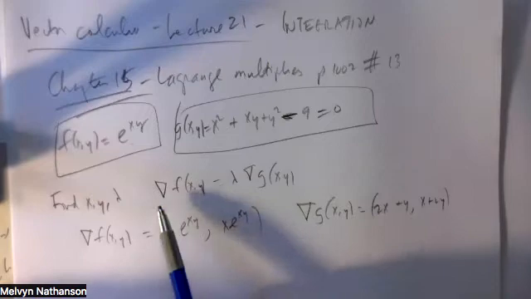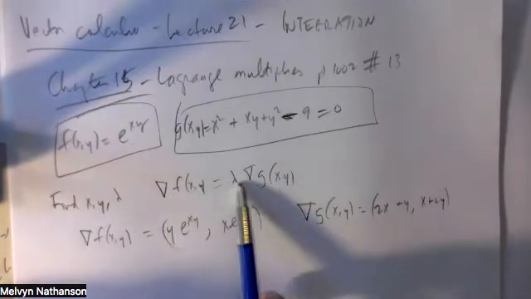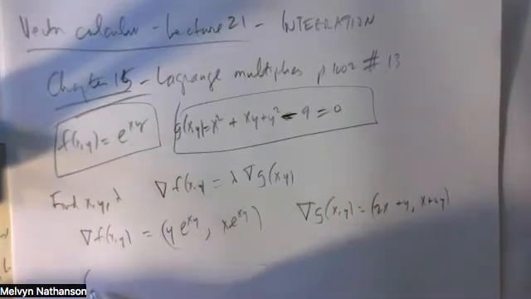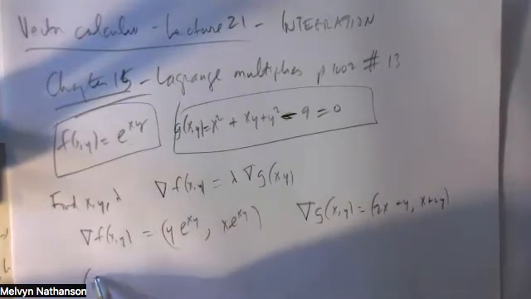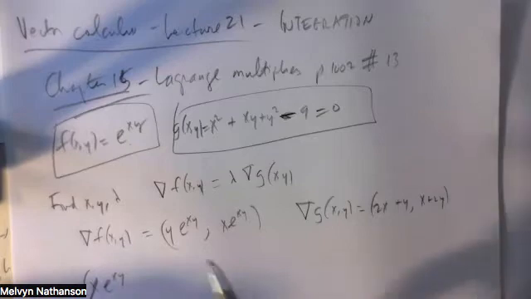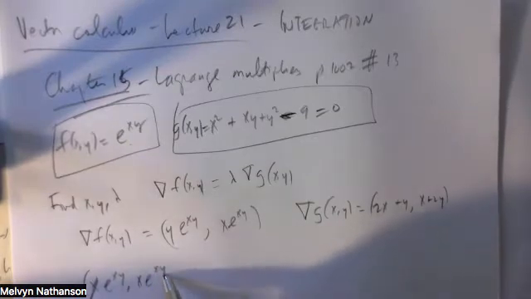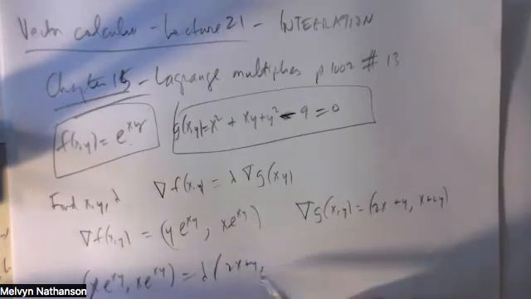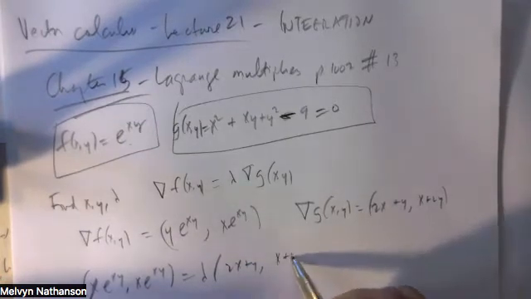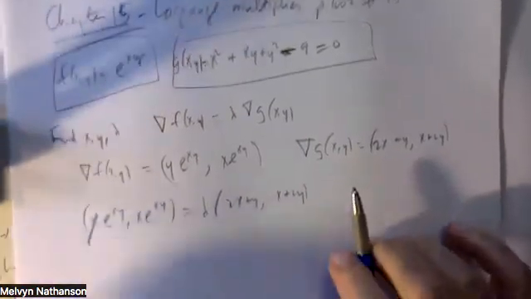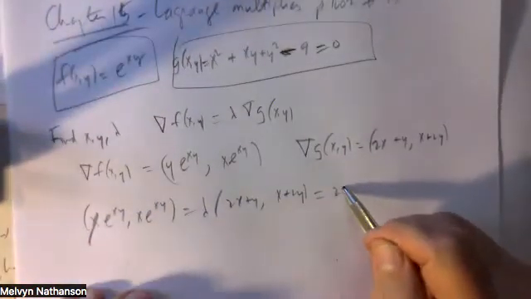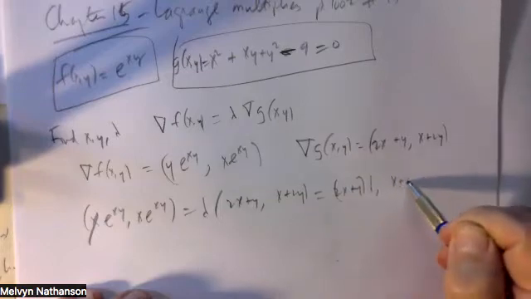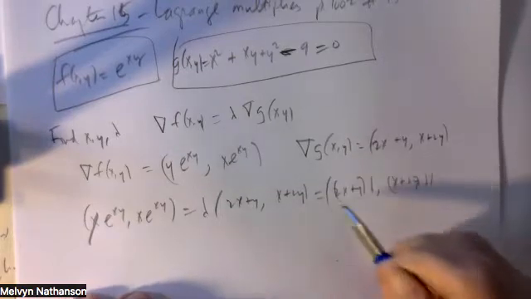So to say that the gradient of f is lambda times the gradient of g means we want to find the numbers lambda such that (y e to the xy, x e to the xy) equals lambda times (2x plus y, x plus 2y), or (2x plus y) lambda, comma, (x plus 2y) lambda.